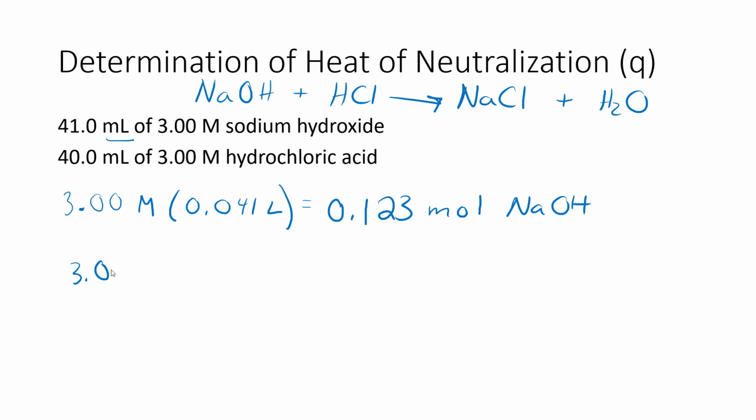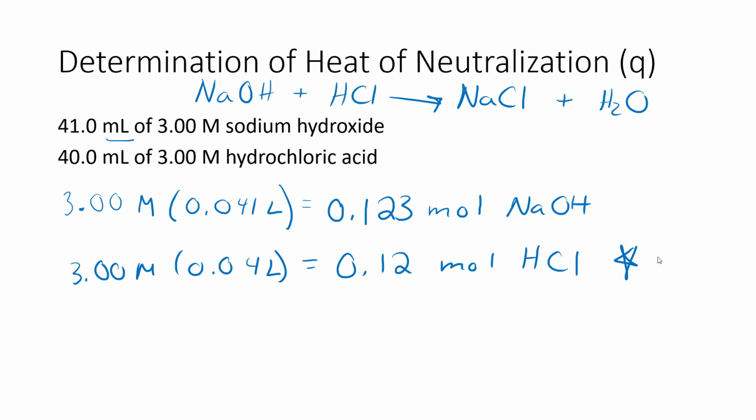Similarly, you can do the same thing for hydrochloric acid, multiplying the molarity times your volume in liters to give you 0.12 moles of hydrochloric acid. So these are things I know, and I know that it is 1-to-1. So because of that, that tells me my limiting reagent is going to be my hydrochloric acid.